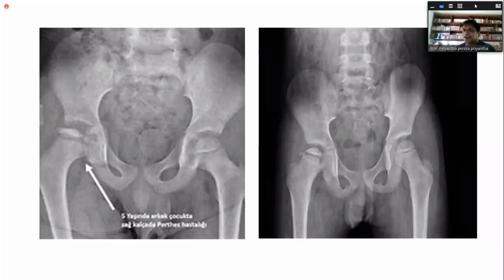What is the most important feature in the history that would help to differentiate transient synovitis, Perthes disease, and slipped upper femoral epiphysis? Which component of the history?